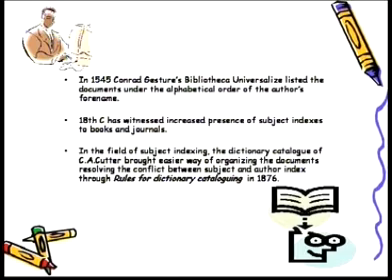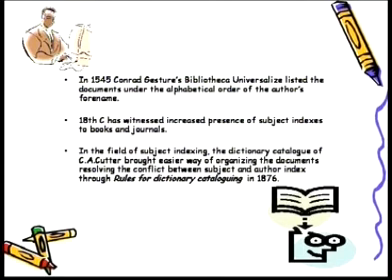In 1545, Konrad Gessner's Bibliotheca Universalis listed the documents in the alphabetical order of the author's forename. Later, in 1548, he listed the same documents in a subject classification order with an alphabetic subject index to the classification codes.